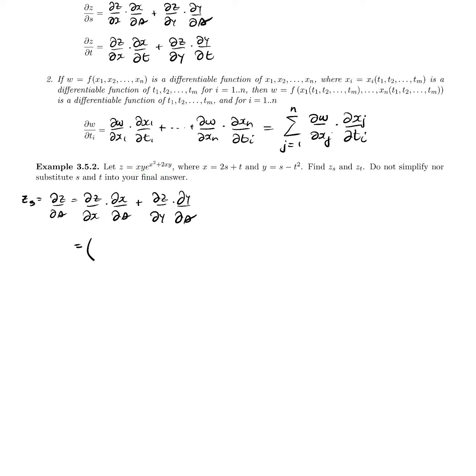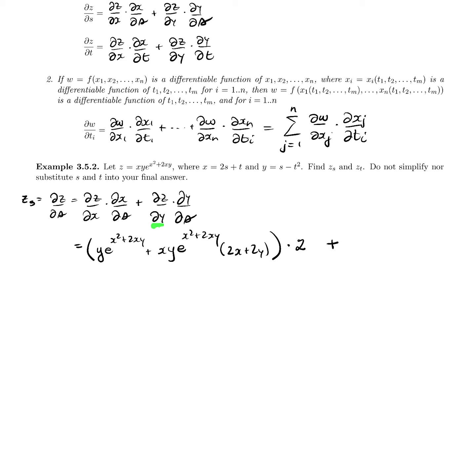That is going to be a product rule. So the derivative of the first is y times e to the x squared plus 2xy plus xy e to the x squared plus 2xy times the derivative of what's in the exponent, which will give us 2x plus 2y. That is del z del x times del x del s, the derivative of this expression with respect to s, which is just 2.